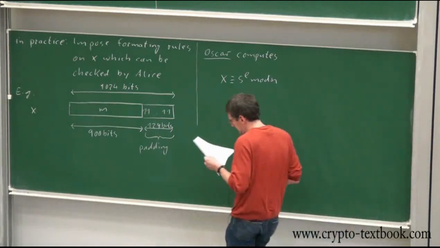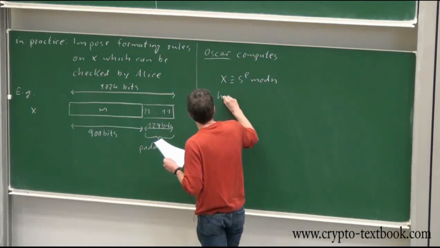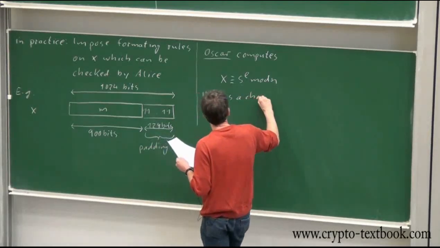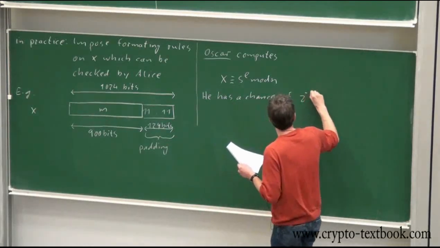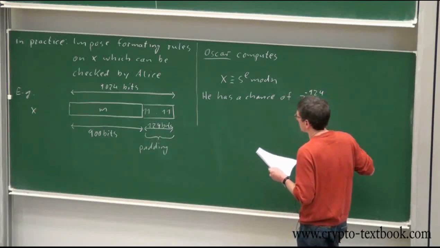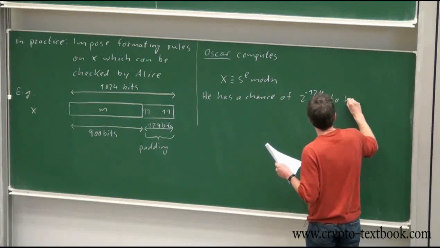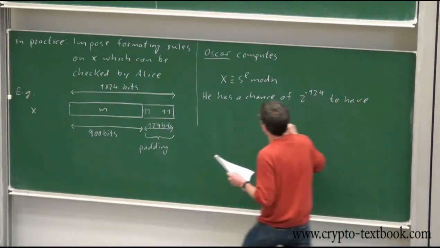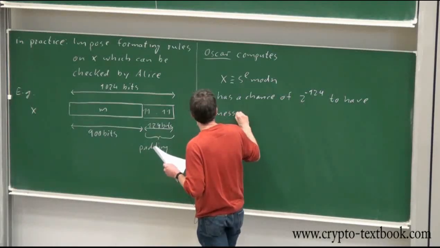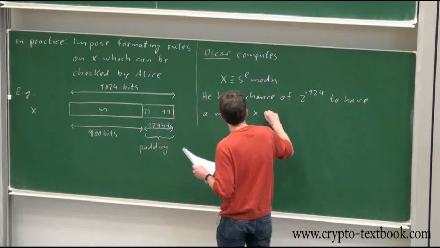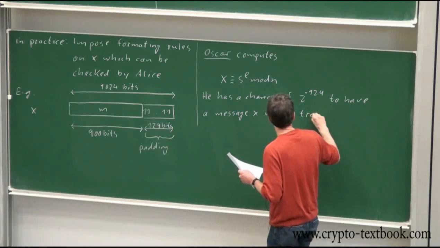So, he has a chance of 2 to the minus 124 to have a message X with 124 trailing.